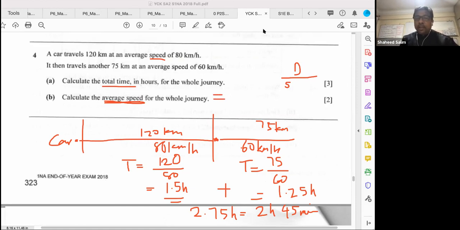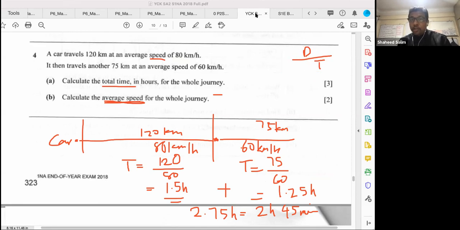Okay, so now average speed, the formula is, we look at DST again. This is DST. So what are you going to find? You're going to find speed. So you erase speed. When you erase speed, what do you get? Distance over time.